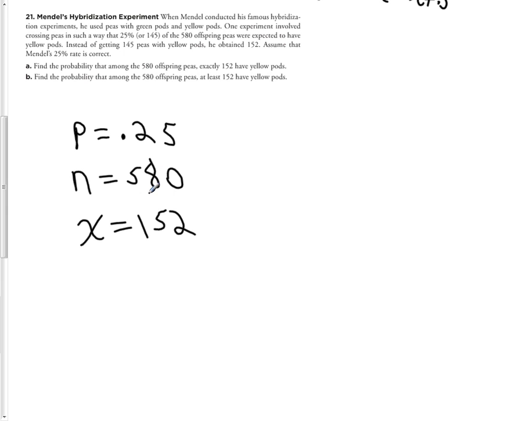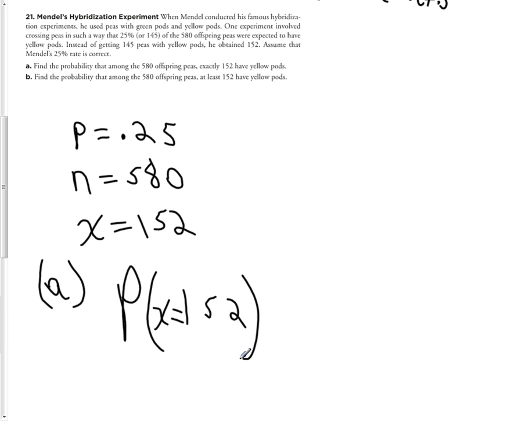Now that calculation would be quite cumbersome. Well, actually it's not that cumbersome for this particular one, for part A. What we want to do is find the probability that x is equal to exactly 152. But that's a discrete whole number, and for the continuous normal distribution, the probability of any single value is 0.